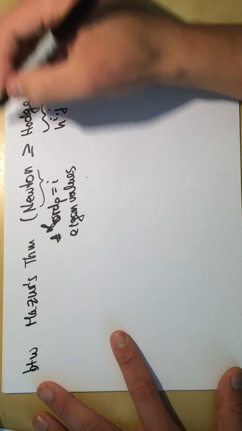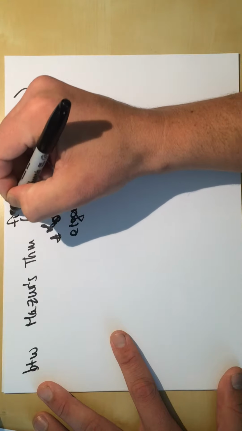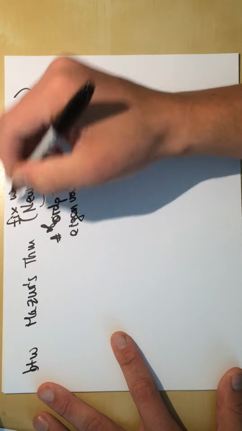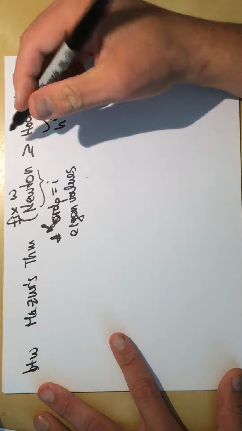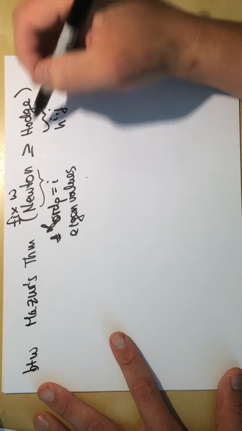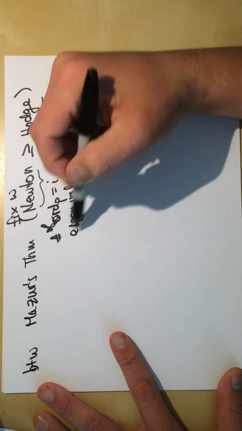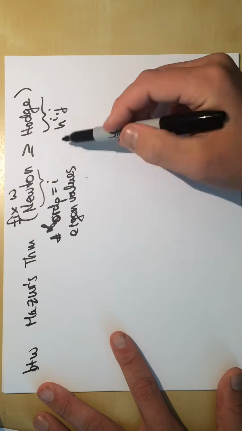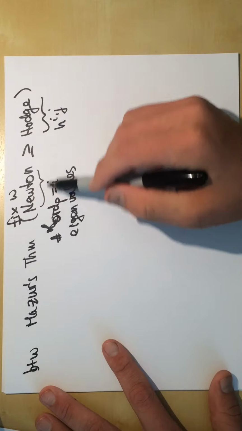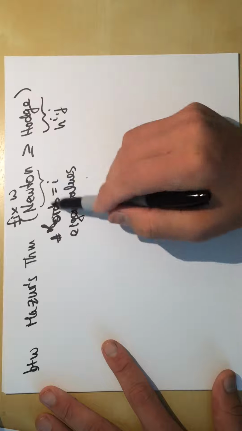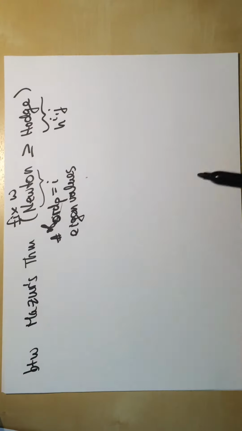So you fix a w, and you do this for a single cohomology group, and then you compare them. It says that the Newton polygon is going to be above the Hodge polygon, and when it is up, it means there are lots of eigenvalues whose p-adic valuation is a given number.